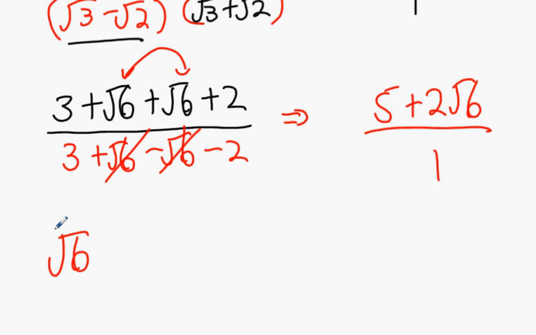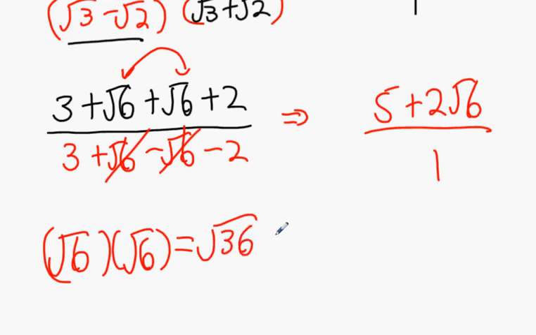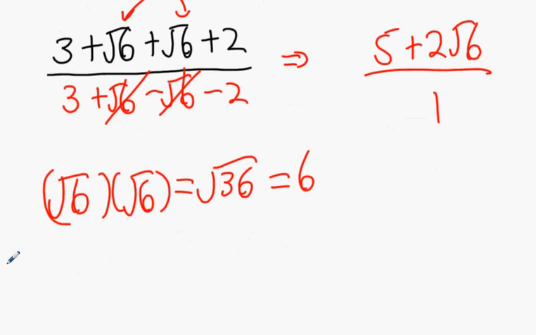Now, root 6 multiplied by root 6, if everybody's happy enough with this, 6 multiplied by 6 is 36, and the answer is 6, okay? That works for thirds. What also works is if I have root 18 divided by root 2. What's 18 divided by 2? 9.